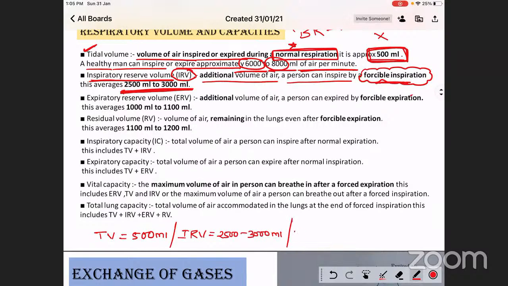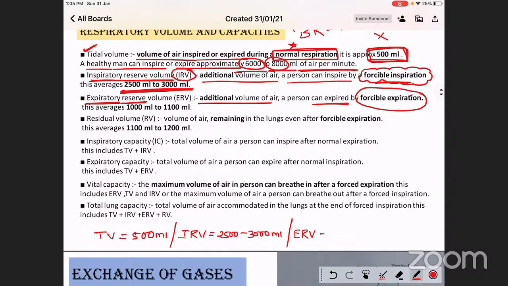Now another term will come in front of you, that is the ERV, the expiratory reserve volume, where we are talking about expiration. Again the word reserve is coming, meaning the additional expiratory volume, how much additional we can expire. So it is the additional volume of air a person can expire by a forceful expiration. We used the word forceful inspiration in the IRV, and now we are using forceful expiration in the ERV.